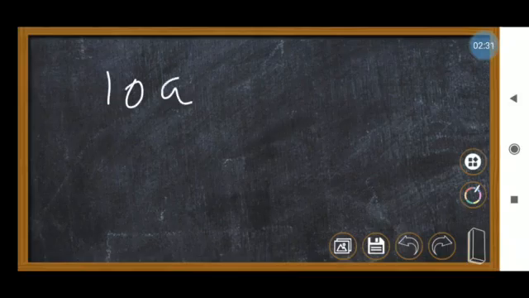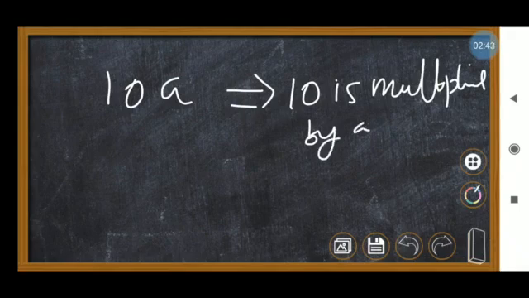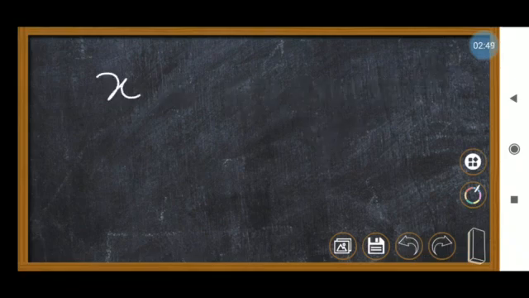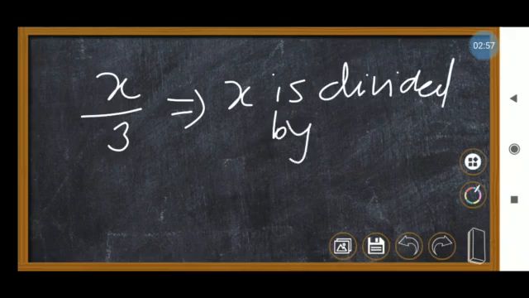If you take some other example, 10a, it means 10 is multiplied by a, or a is multiplied by 10, whichever it is. For example, x divided by 3, we can write as x is divided by 3.